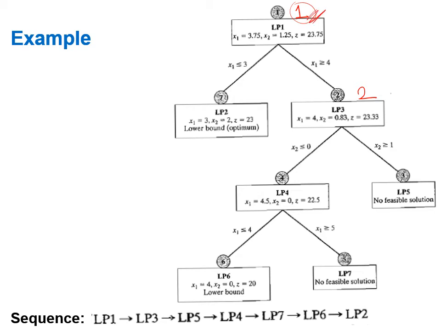We first evaluated this one, then we moved to this one and evaluated it and branched it into 2, and then we moved to this one and evaluated that one. So this is 3. Then we fathom it and then return back to this one and evaluated that, so it is 4, and branched it, and we moved to this one and evaluated that one, so this is node 5. We fathomed it because of infeasibility, and we moved to this one and evaluated that, so this is node 6.